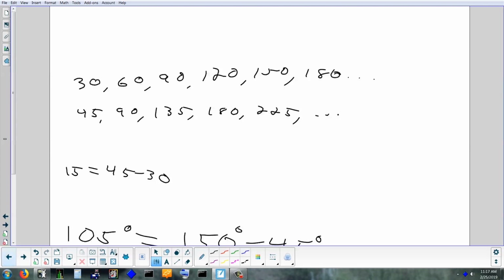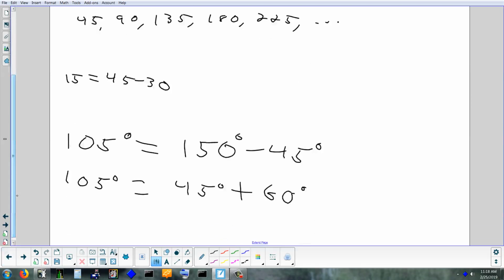You could also do 45 plus 30. It'll come out the same. What if you forgot the sum though? How could you write 75 as a difference? And you'll still get the same answer. Yeah? 120 minus 45. Yep. If you forgot the sum formula and the directions didn't say you had to use it, you could do 120 minus 45 and get the same thing. But let's do it as a sum.